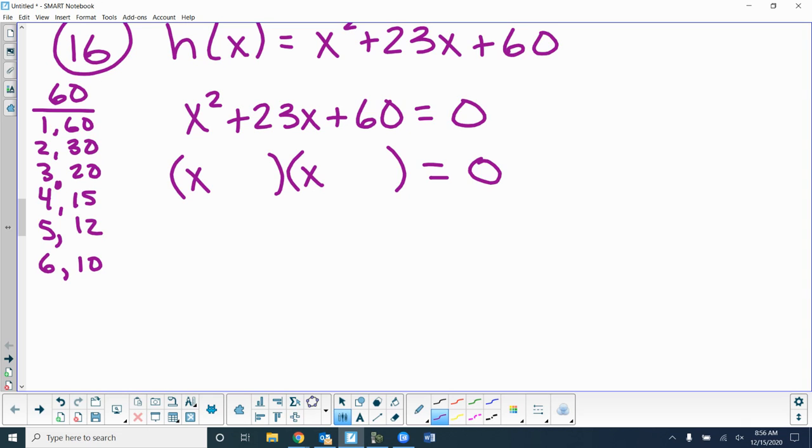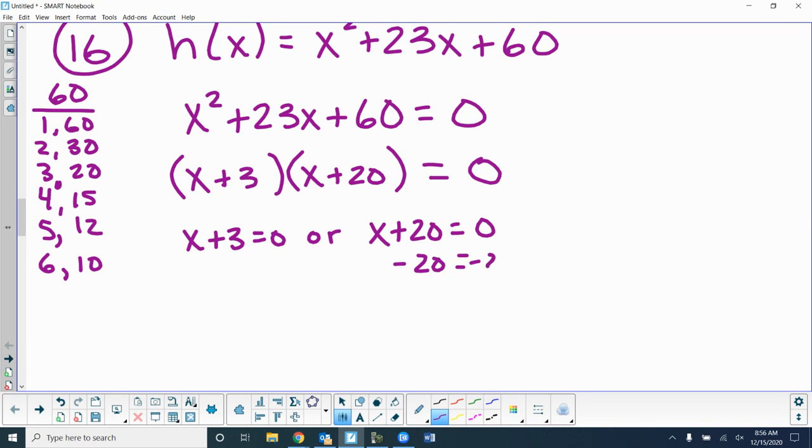Yeah, the 3 and the 20, right? Or plus 3, plus 20. When the C is positive, they're both whatever the B is. So once we get there, we set them equal to 0 to finish up. So one answer is negative 20.